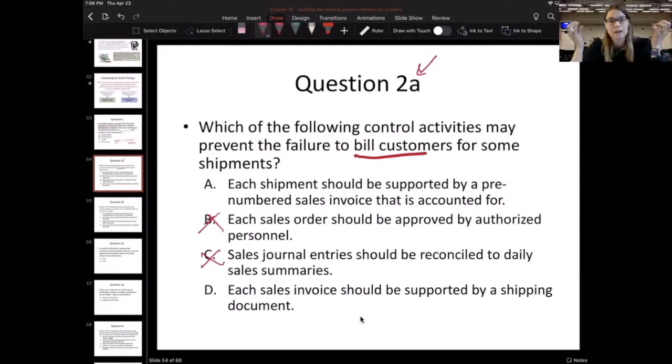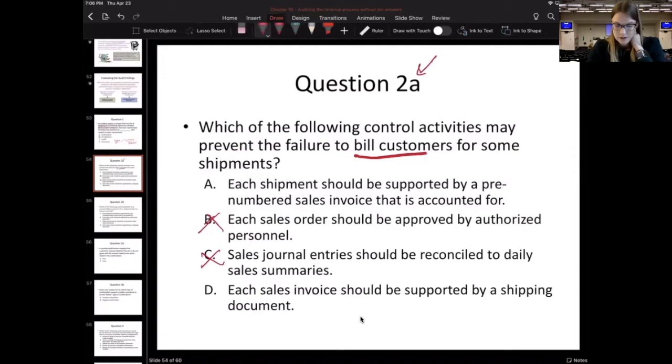Now, the main thing you're left with figuring out here is what is going on directionally with A versus D. A is saying the shipment will be supported by a pre-numbered sales invoice, and A in this case is actually our correct answer.